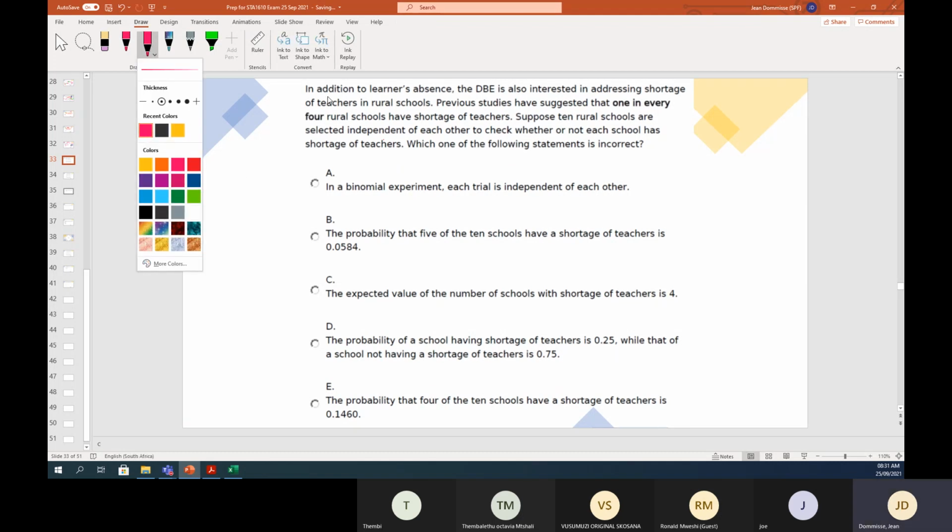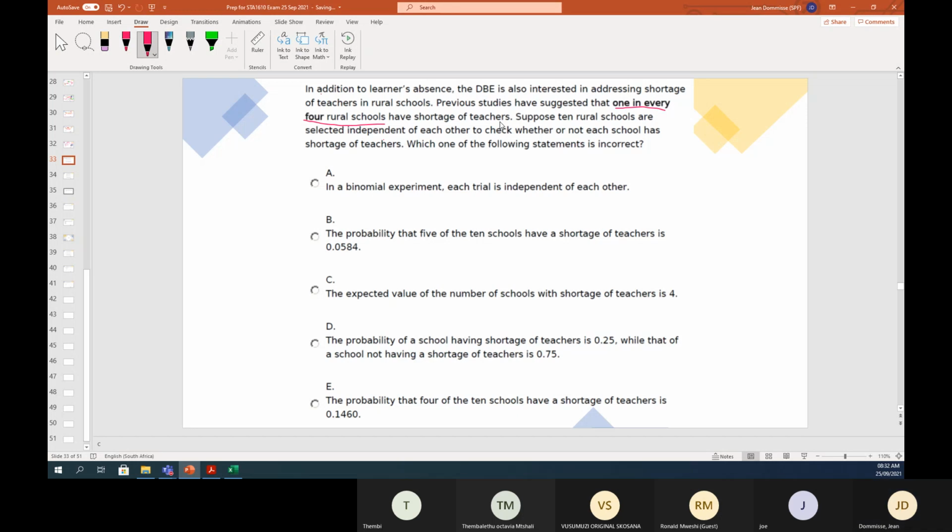Okay, so in addition to learners' absence, also interesting in addressing shortage of teachers in rural schools. Previous studies have suggested that 1 in every 4 rural schools have shortages of teachers.